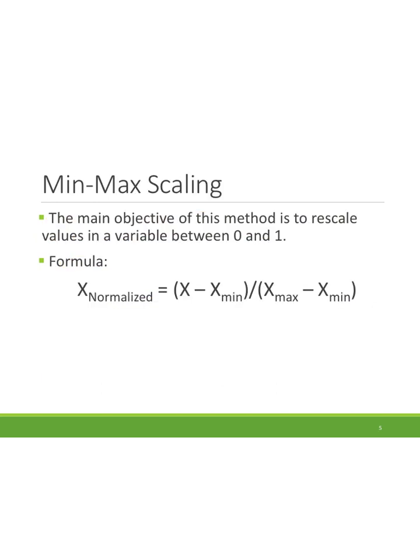The main objective of the min-max scaling technique is to rescale values in a variable, meaning all the values available under each column in our Excel file, in such a way that they range between 0 and 1.